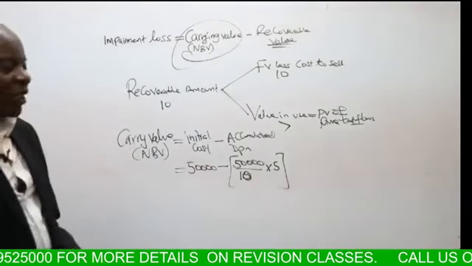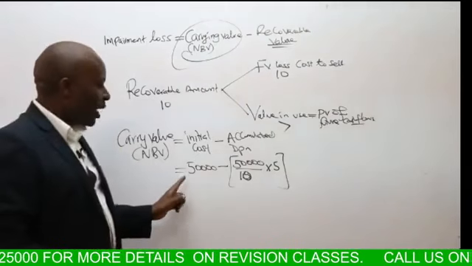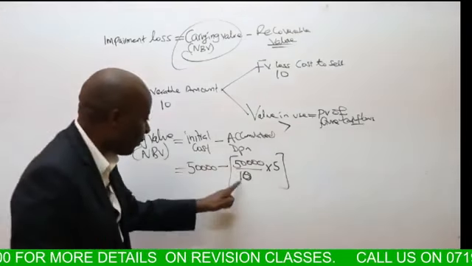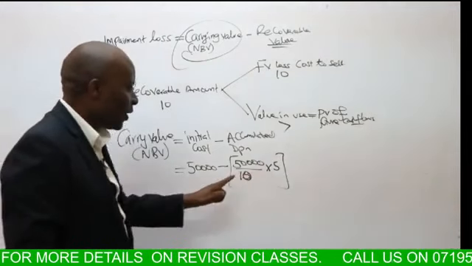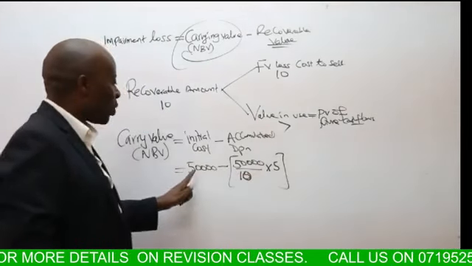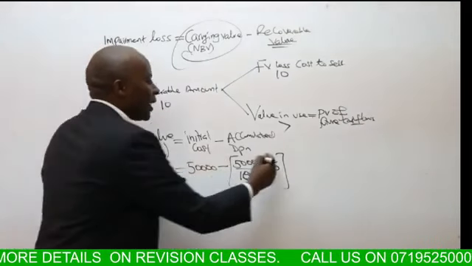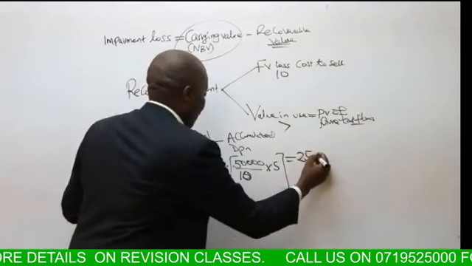Here we are, ladies and gentlemen. So what do we have here, somebody? This is 5,000 times 5. That gives me 25,000. So 50,000 minus 25,000 gives me a carrying value of 25,000.